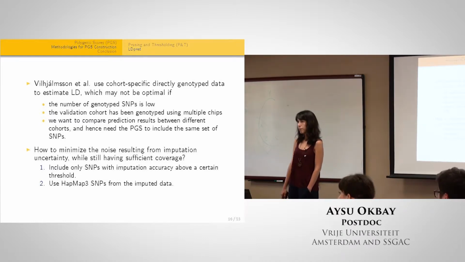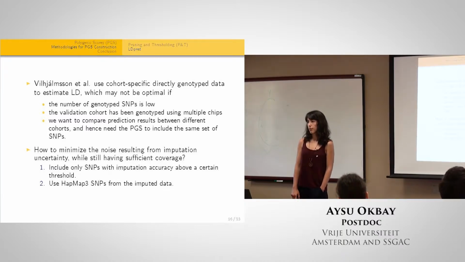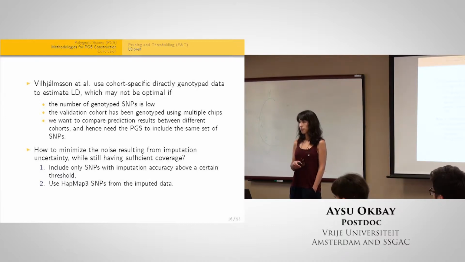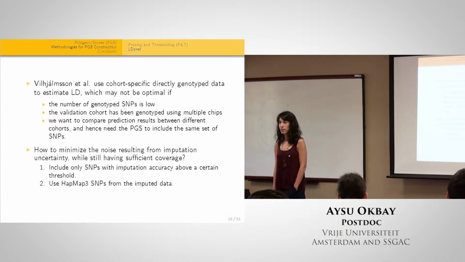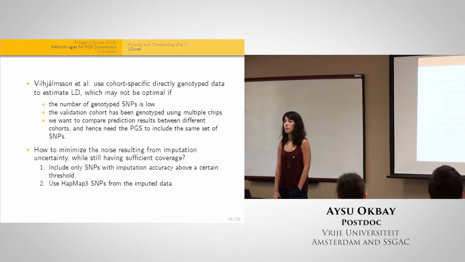Okay. So why go to HapMap3 instead of 1,000 genomes? Because I saw the NIH actually put down the website for HapMap. No, so what I mean by using HapMap3 SNPs is using the set of SNPs that are available in the HapMap3 panel. I'm talking just about the SNP IDs that correspond to the HapMap3 SNPs.